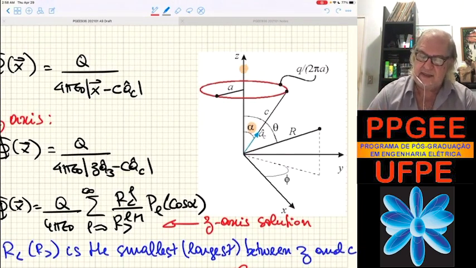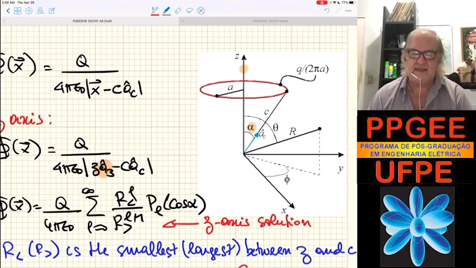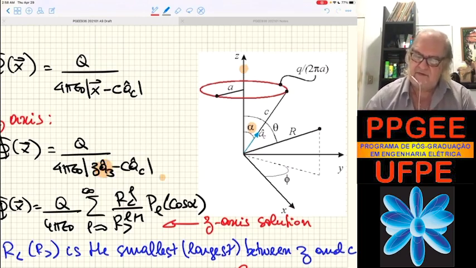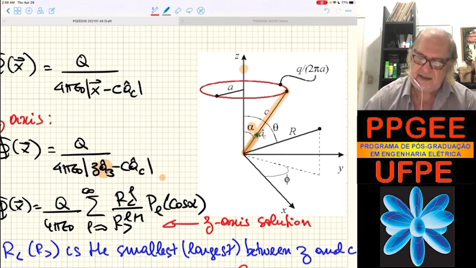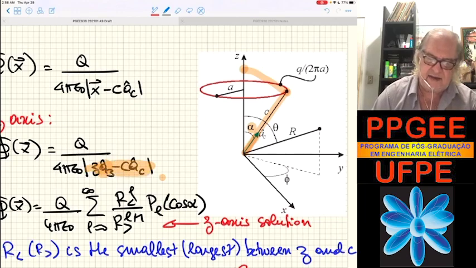At the point of coordinate z, defined by vector z, if you define a versor AC, the vector here is C minus z, so the distance is the magnitude of this vector here, right?